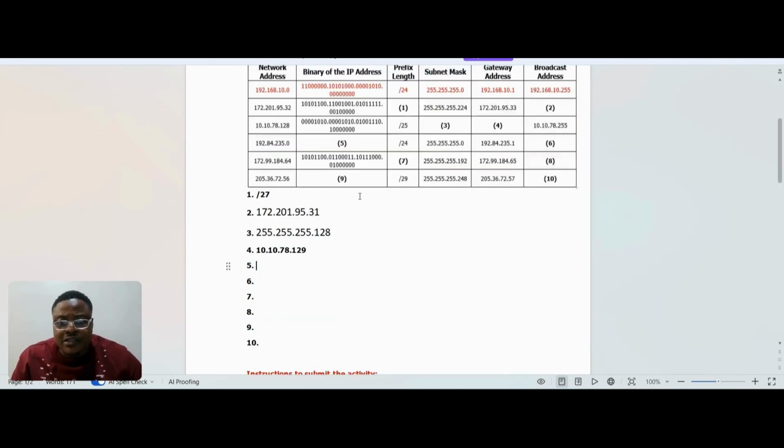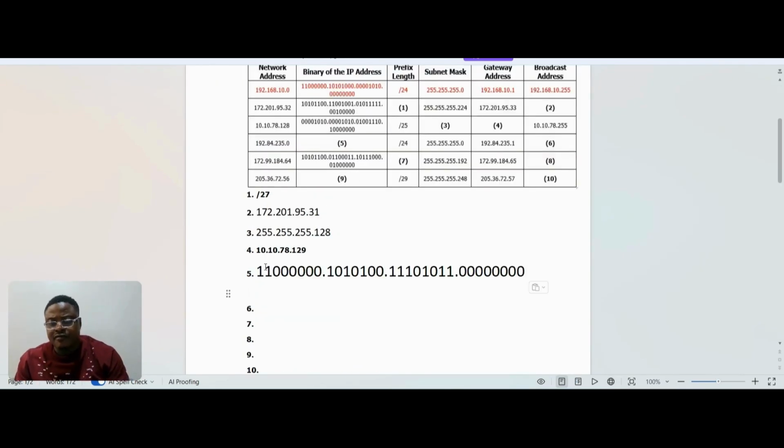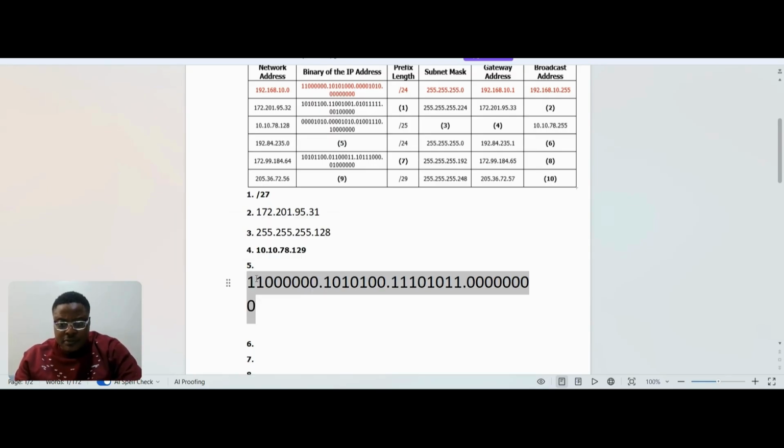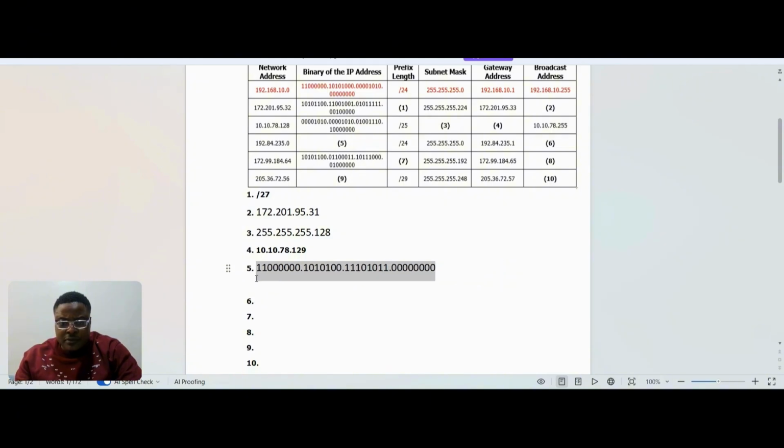I'm going to put my answer there at number 5. My answer is too big, so let me reduce it. That's the answer to number 5.